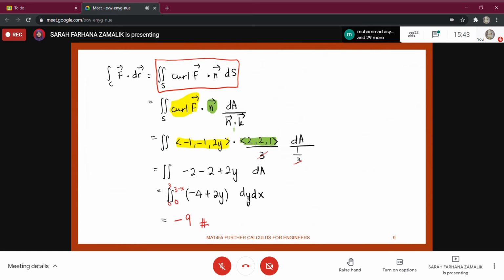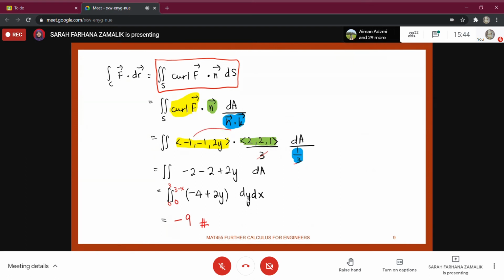So make sure tulis je dA dulu. Simplify dulu apa yang ada kat sini. And last one, unit normal n dot with k. So the component for unit normal n dot with k tadi 1/3. Once again, ini boleh simplify dekat bawah. So simplify terus. Hence you left with, janganlah tak tahu, kenalah multiply sebab ini dot product.